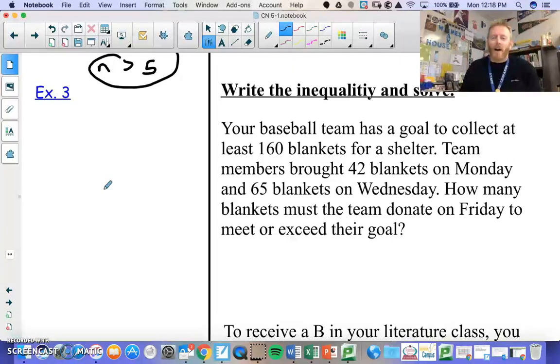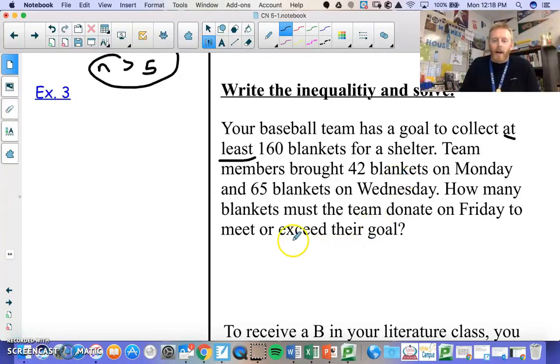All right, so we have a baseball team that has a goal of collecting at least 160 blankets for a shelter. Team members brought 42 blankets on Monday and 65 blankets on Wednesday. How many blankets must the team donate on Friday to meet or exceed their goal?